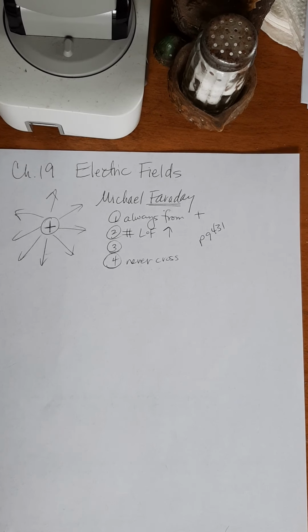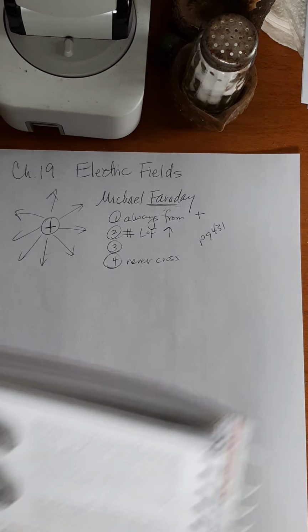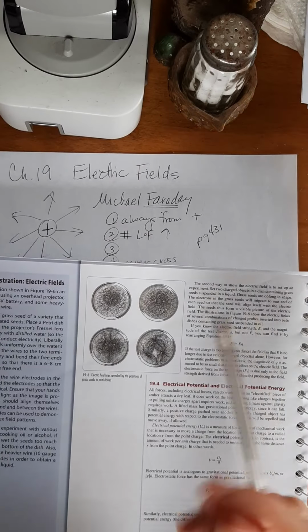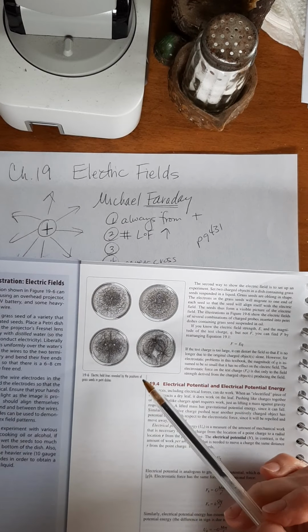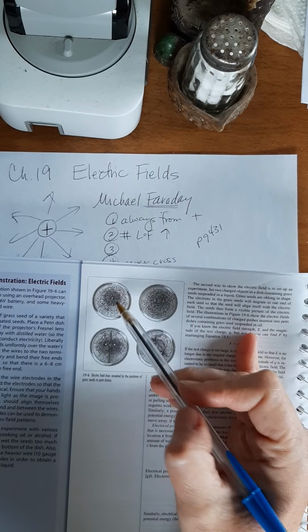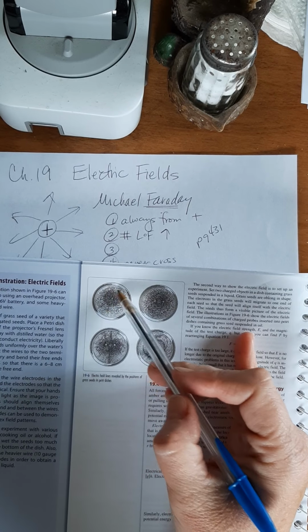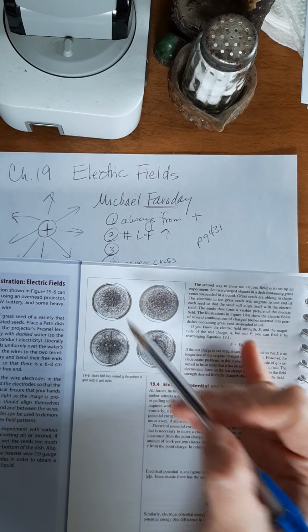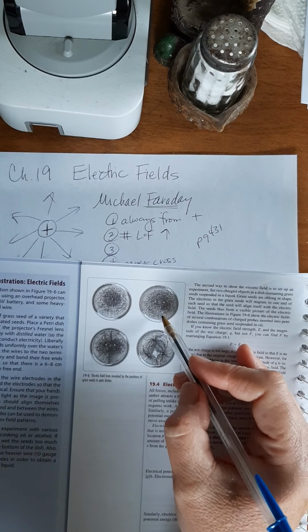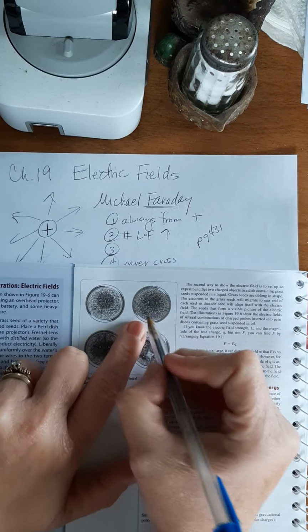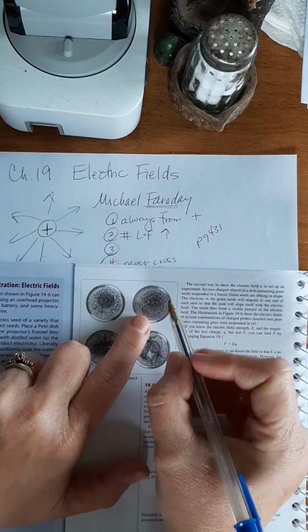For instance, this is also in the book. I've always loved this picture. But here, there's several things happening. In this one, notice how there's the one charge and all the lines coming from it. Well, you know that one's positive. Well, look at this one. You've got 2 charges, and notice how they seem to be connecting.